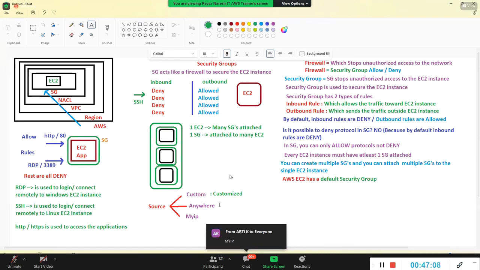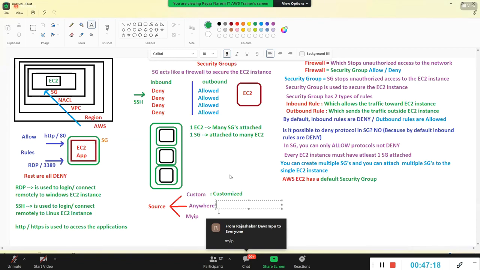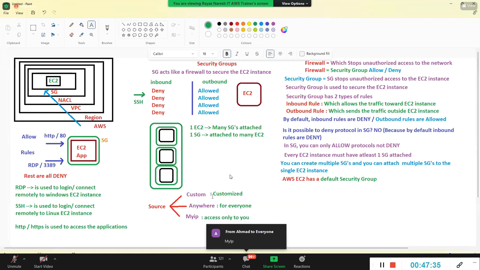My IP. My IP means you have to secure it by yourself; only you should be accessing it, not everyone. If you want to give access to everyone, then go for anywhere.